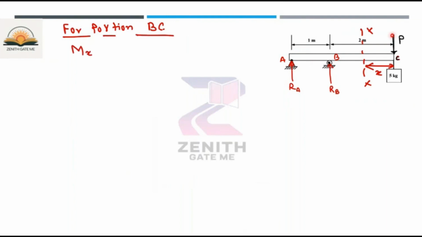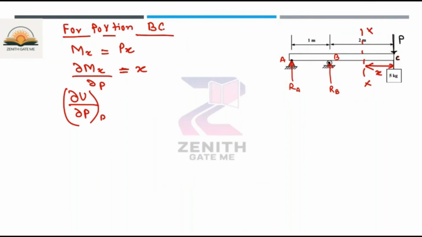Moment is nothing but this force into this distance. So can I say it is equal to Px? If I differentiate with respect to P, what you will get? X.